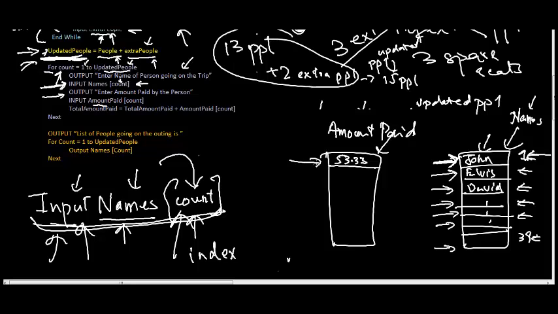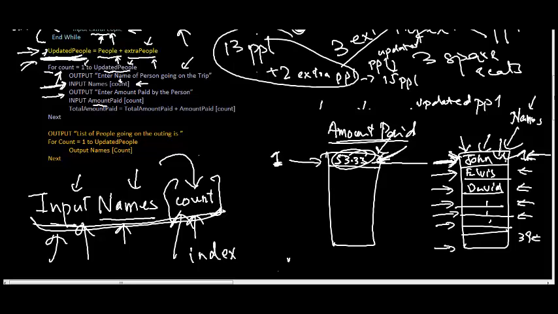Amount paid. So basically this box 1 here corresponds to John. This is where the name of John is stored, and the amount stored in amount paid in box number 1 is basically the amount that has been paid by John. So in the first element of the amount paid array, we are storing the amount paid by the person who is stored in the first element of the names array.